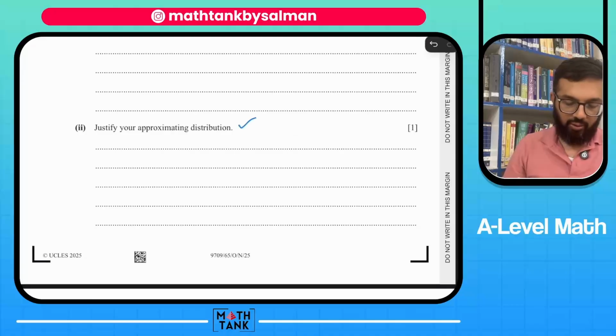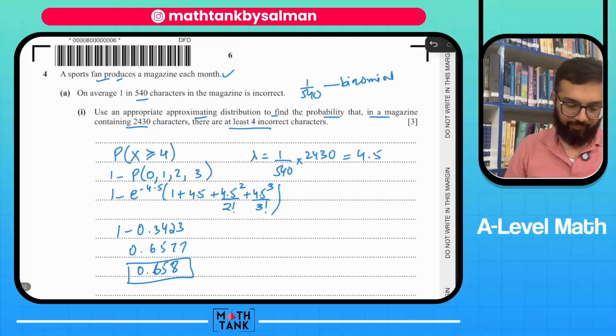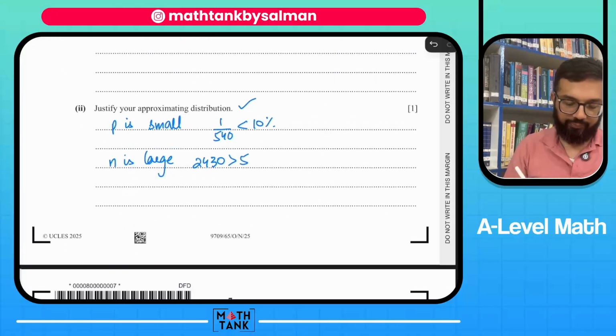Okay, justify your approximating distribution. P is small, but I'm also going to state how small it is. It's less than 10%. Okay, and n is large. 2430 is greater than 50. np is also less than 5.